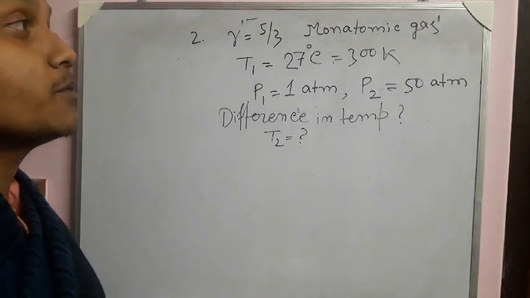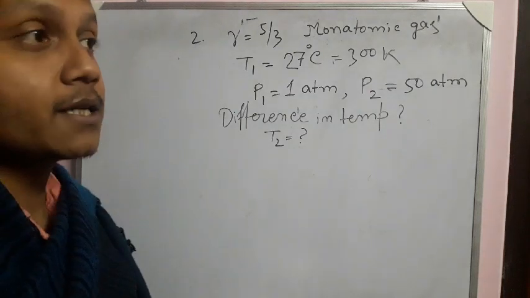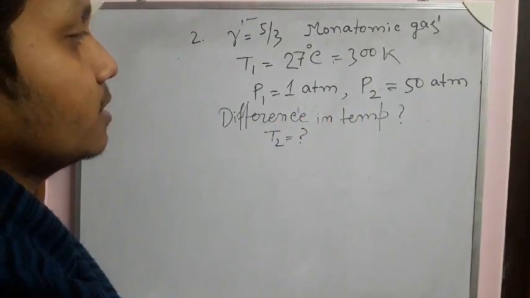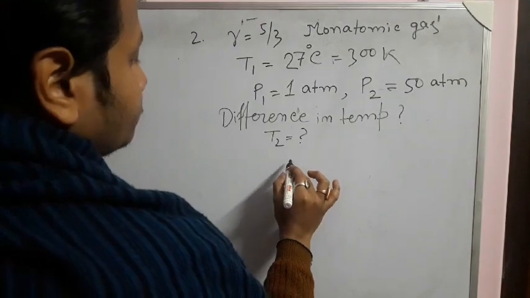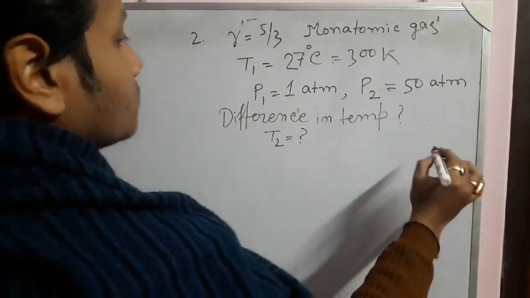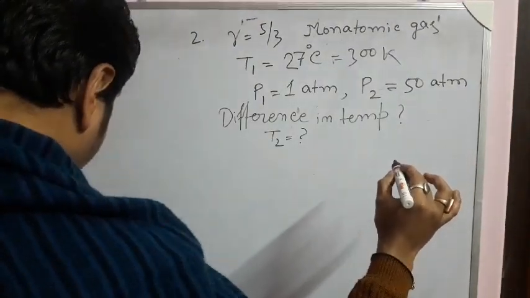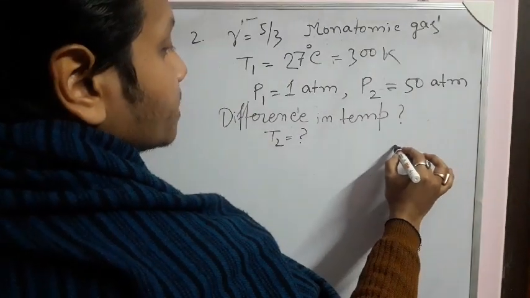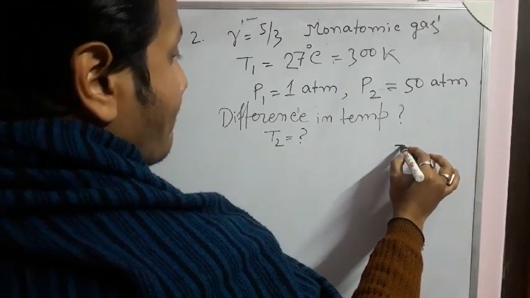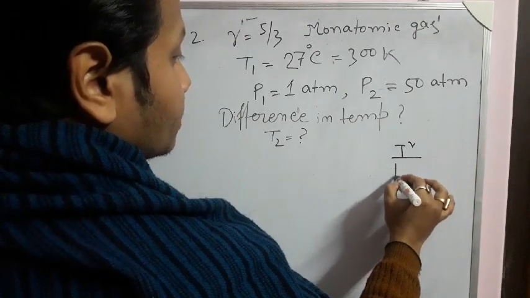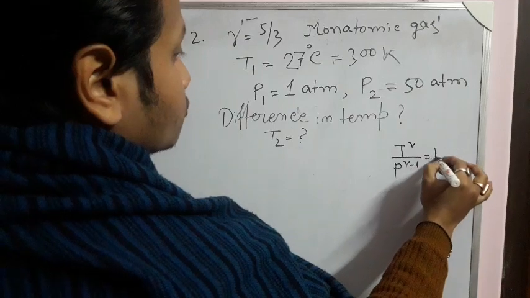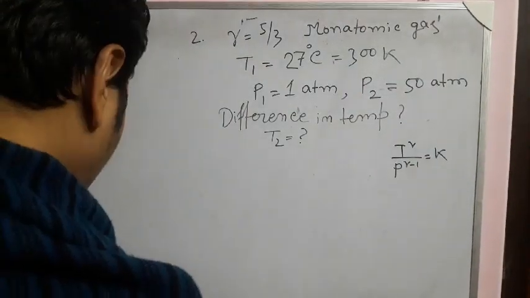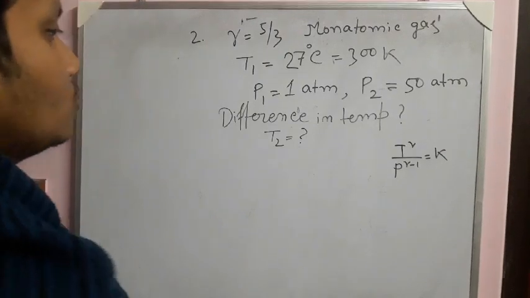I shall discuss the three adiabatic relations for a perfect gas, among which here we use the temperature pressure relation. That is, T to the power gamma by P to the power gamma minus 1 equals a constant. That relation we will use.